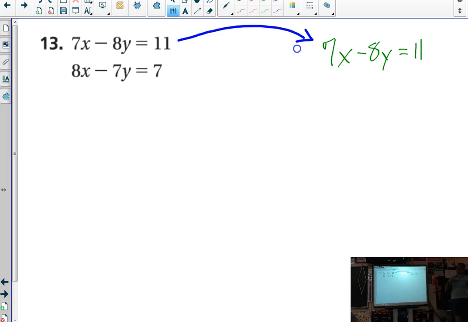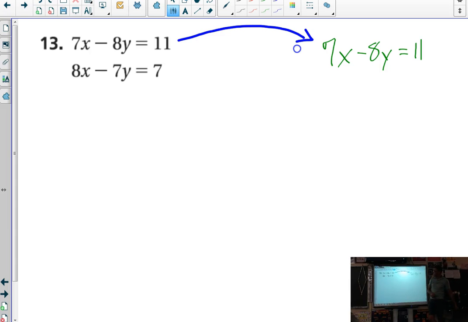What needs to happen so we can eliminate terms? They both need to be equal. So right now, my x's are not equal, my y's are not equal, and they need to be either equal or opposite quantities. Do you want to cancel the x or the y is the first decision to make, and then we've got to decide what we want to multiply by.